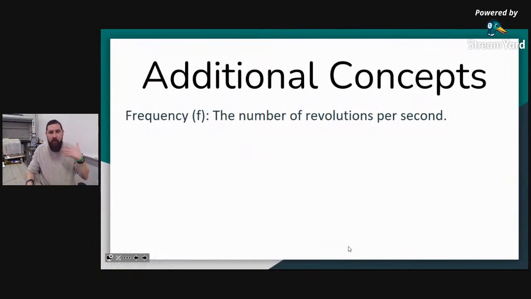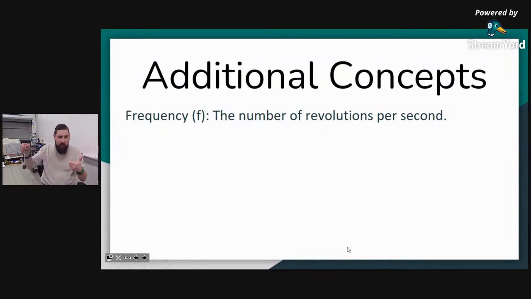Okay? So 3 additional concepts to go along with this before I finish out this video. The first is that of frequency, and this is the number of revolutions per second. And the way that we typically go about finding this is we put something into circular motion and we've got a stopwatch. And what we'll do is count how many times the stopper or whatever the object is makes one complete revolution over the time period of 10 seconds.